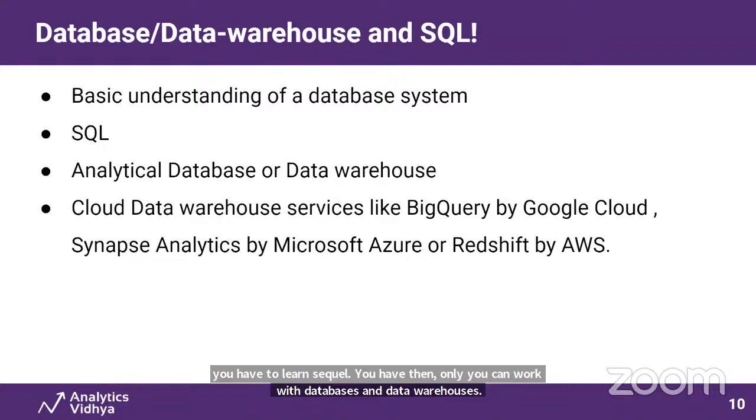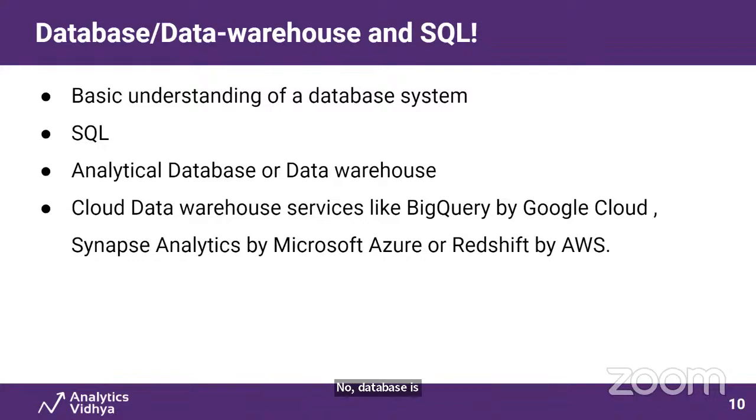Now, a database is a system where we store transactional data. Transactional data is like, let's say you go to some shopping website and you do some online shopping, right? Let's say you bought two products, like two shirts. Those details of your orders will be stored in some database.